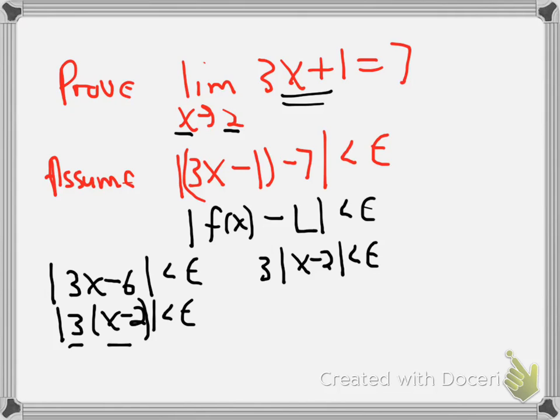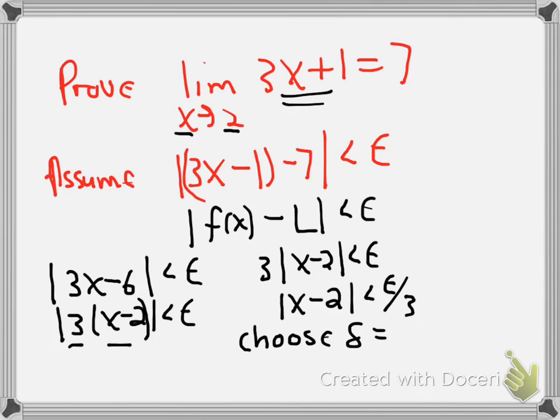And finally, I can divide both sides by 3. This gives us that the absolute value of x minus 2 is less than epsilon over 3. Well, this epsilon over 3 is exactly what our delta should be. So we're going to choose delta to equal epsilon divided by 3.